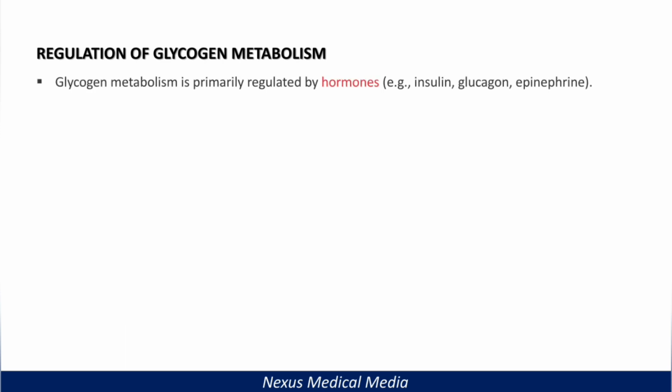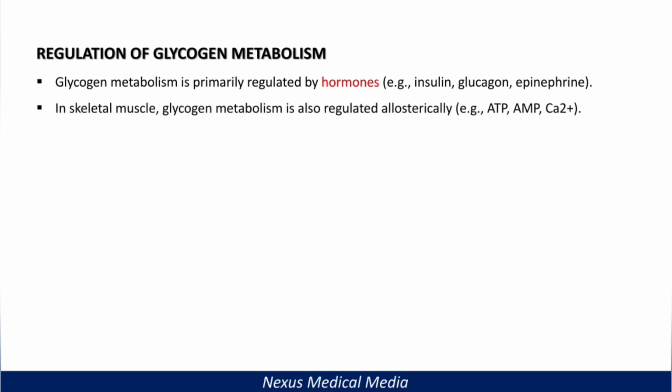Now let's talk about the regulation of glycogen metabolism. So on regulation, glycogen metabolism is primarily regulated by hormones. Which hormones? Insulin, glucagon, epinephrine, right? So in skeletal muscles, glycogen metabolism is also regulated allosterically by ATP, AMP, calcium.